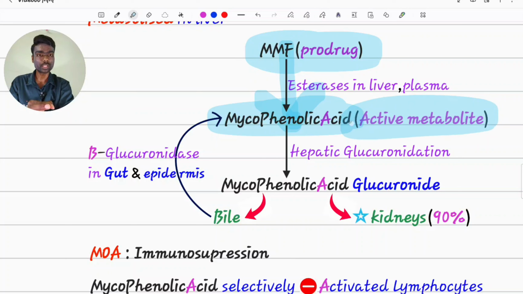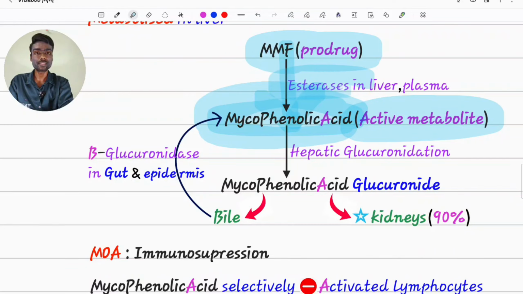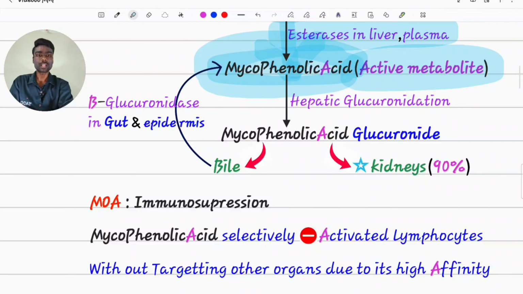What is the active metabolite of mycophenolate mofetil? That is mycophenolic acid, by enzyme esterases in liver, plasma and in kidney. Then this mycophenolic acid undergoes hepatic glucuronidation to mycophenolic acid glucuronide.